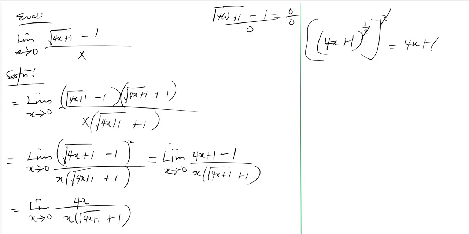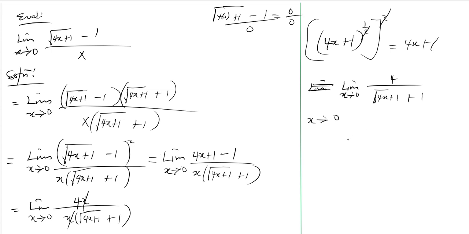If we go further to solve this, x will cancel out x, so we will have only the limit as x approaches 0 of 4 all over root 4x plus 1 plus 1. Now, as x approaches 0, we substitute the value of x.